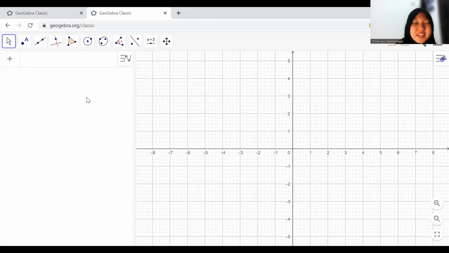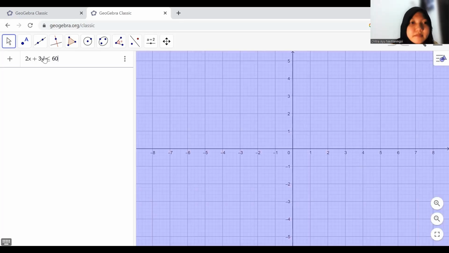Okay, we are in GeoGebra now. To solve the problem, at first I'm going to write the constraints so we can look at the feasible region or feasible area. The first constraint is 2x plus 3y less than or equal to 60.